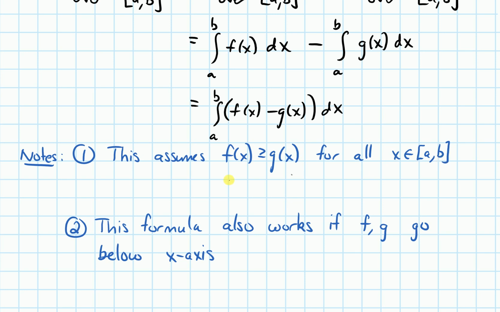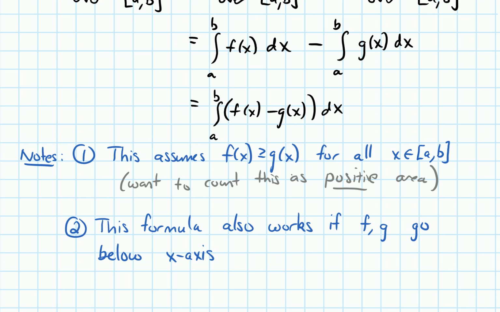If it switches at some point and g of x becomes larger than f of x, then we have to be more careful when we compute the area. One important thing is when we compute this area between two curves, we want to count this as a positive area. So when we find the area between two curves, we always want it to count as positive. We never want it to count as negative.